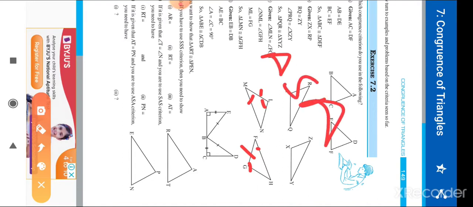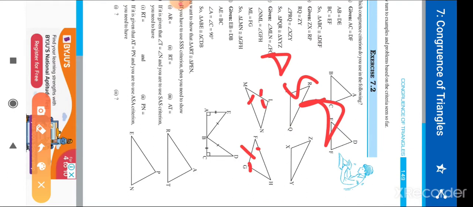Move to the D part. In the D part, it is given that side EB of triangle ABE is equal to the side BD of triangle BCD, and side AE of triangle ABE is equal to the side BC of triangle BCD, and angle A and angle C are equal.